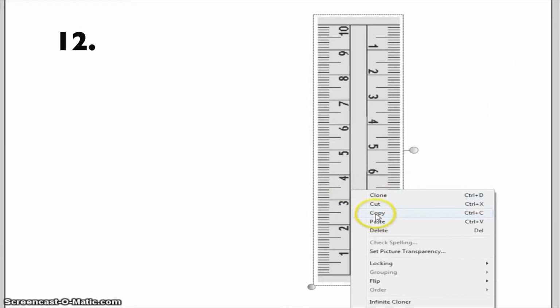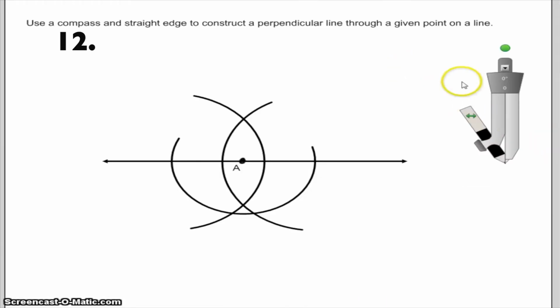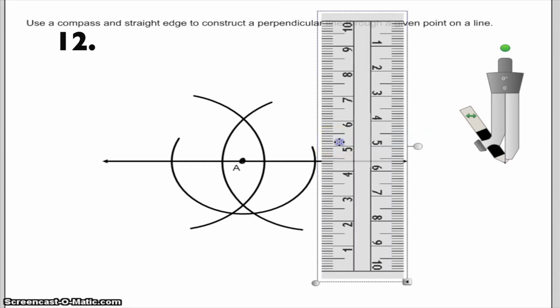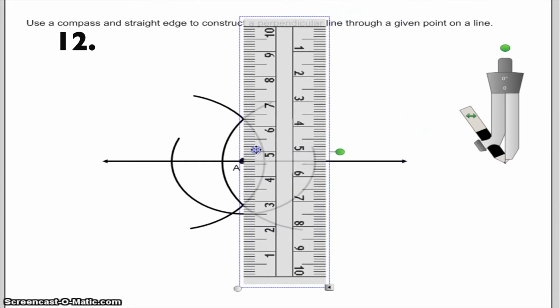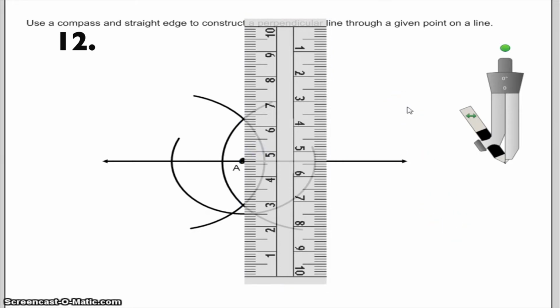Okay, we need a straight edge. All right, so this point A is going to be the midpoint here, and we'll go from this point to this point. We're creating our perpendicular bisector here.